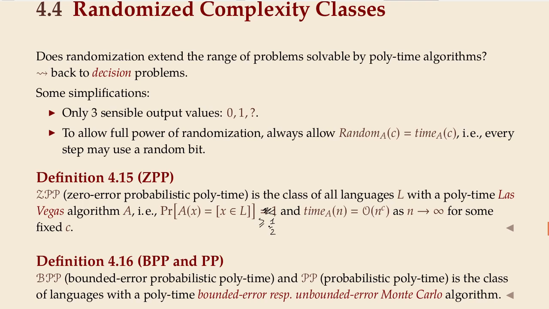And if it's not correct, it must say question mark. It can never return the wrong result. If x is in the language, the result is either 1 or question mark, and if it's not in the language, it's 0 or question mark, and we have this probability bound. So we allow question mark with a certain probability, but for that, we fix the worst case time to some polynomial.